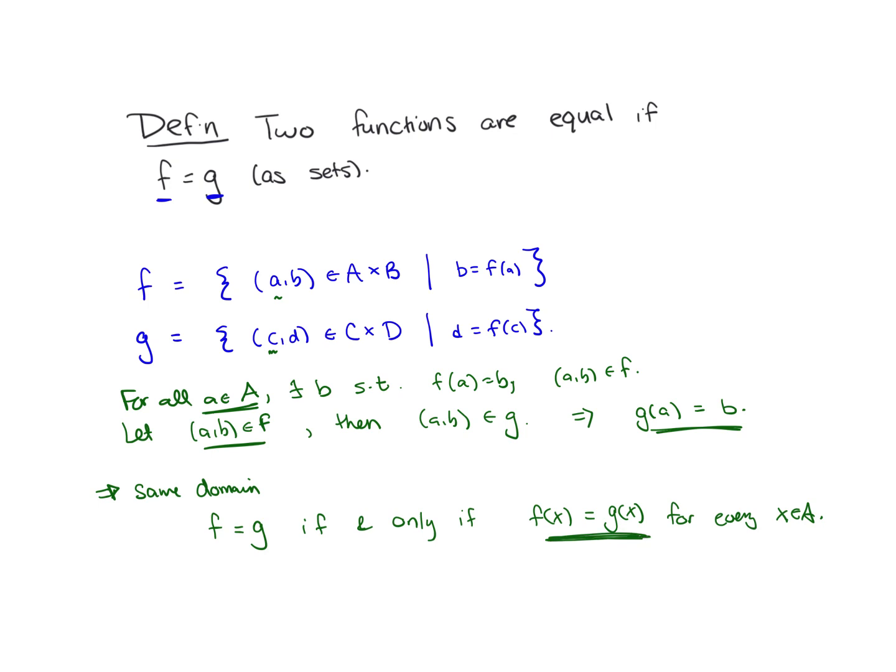They're equal if they have the same domain, they have the same or different codomains. They could actually be different from each other, right? I could say f goes from A to B, and g goes from A to D. These can actually be different even if the functions are equal. But we still get that those are equal as sets.